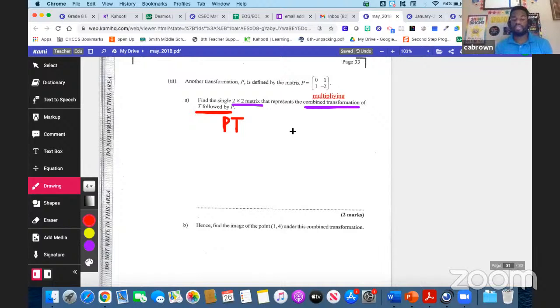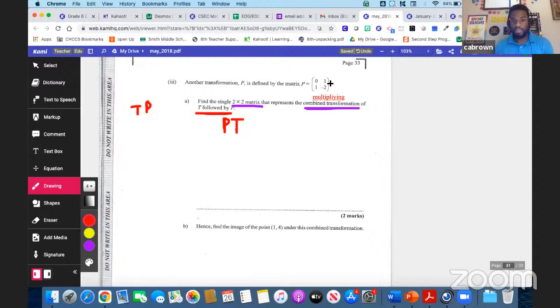So you're asked to find the product P times T, not T times P. Please remember that. If you see T followed by P, the last one goes first and the first one goes behind it. So T followed by P means that P is in front and T is following P, or behind P.